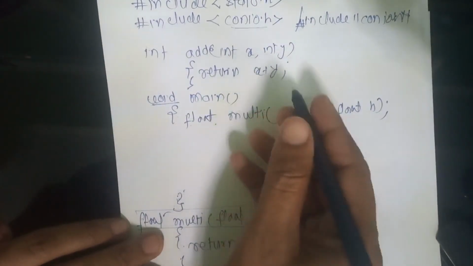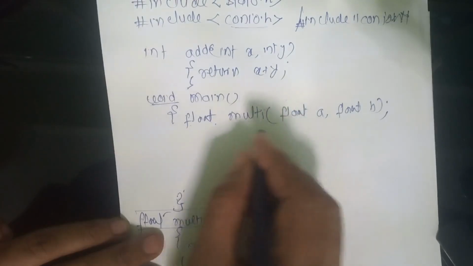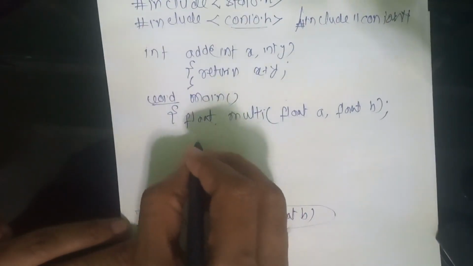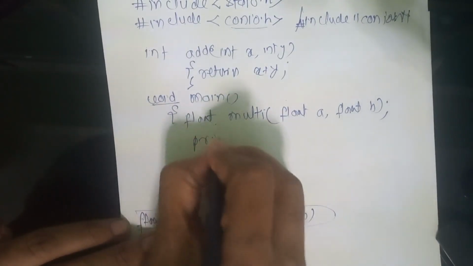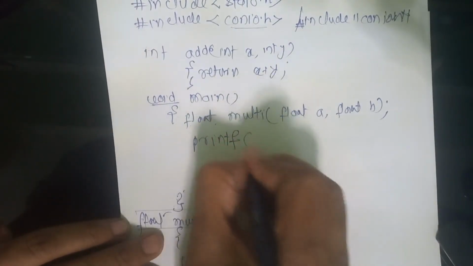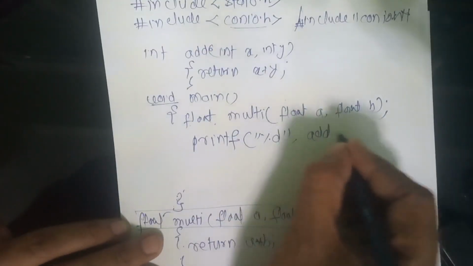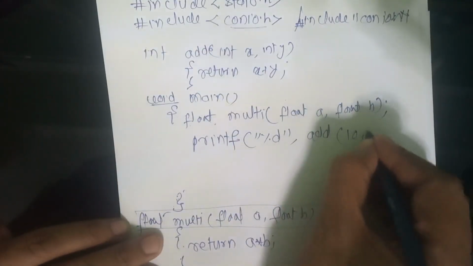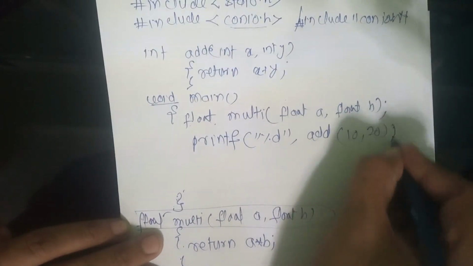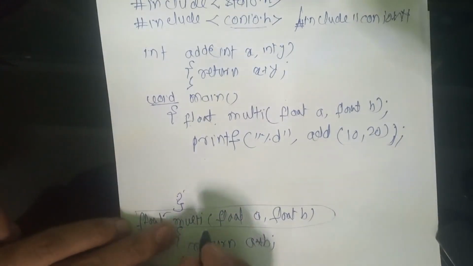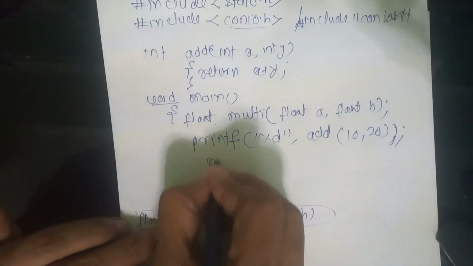We can call with the help of variables by scanning the values, or we can call with constant values. So we can call inside the print function, printf %d, and directly call the add function like 10 comma 20. This is one call, and another you have to call the multiply function.